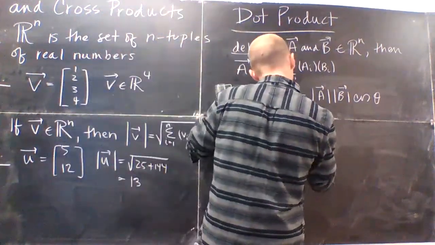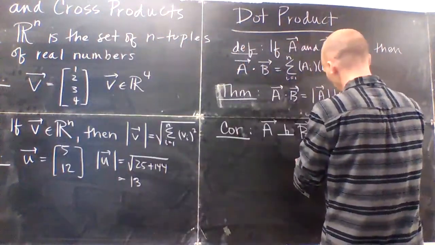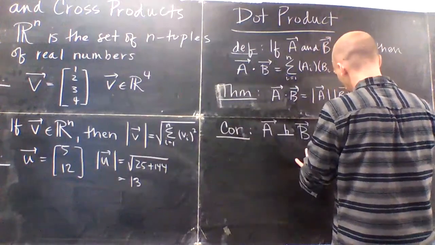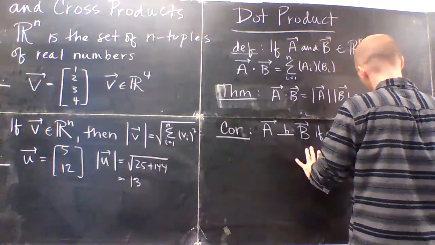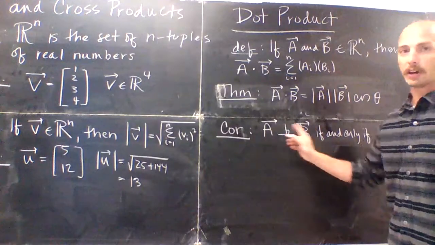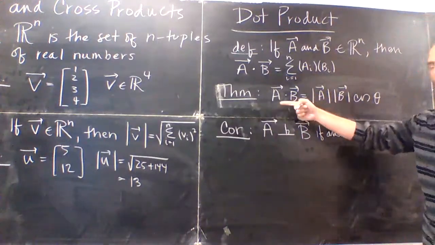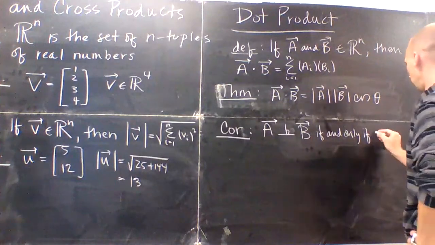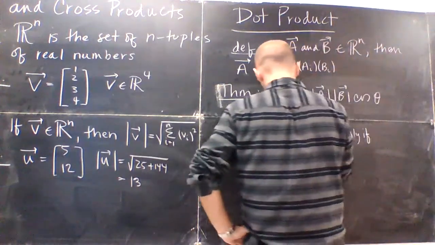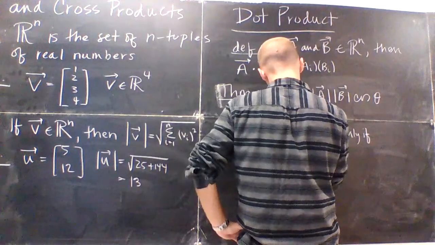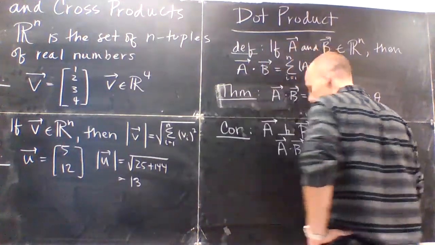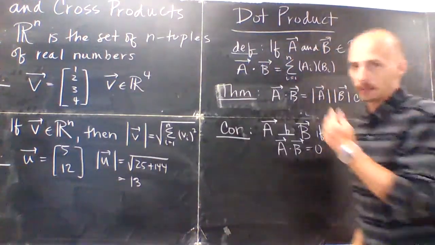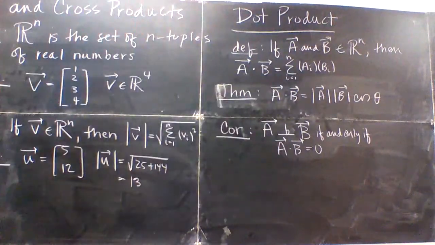A and B are orthogonal if and only if A dotted with B is equal to 0. I'll let you see why that might be true in terms of this. That's going to be something that I'm going to use throughout the course.